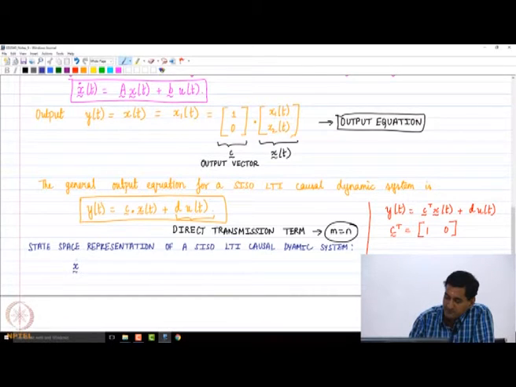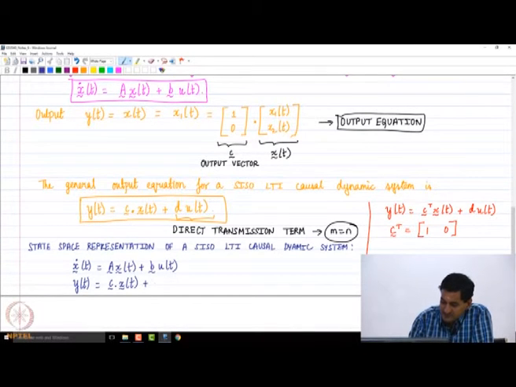In general, it is going to be x dot of t equals A x of t plus b u of t, and y of t is going to be equal to c x of t plus d u of t.